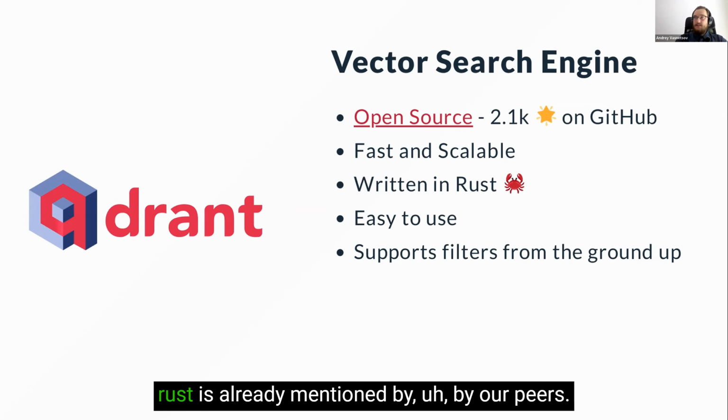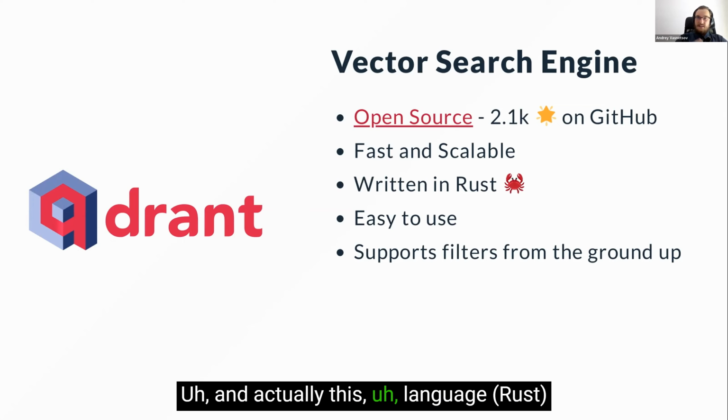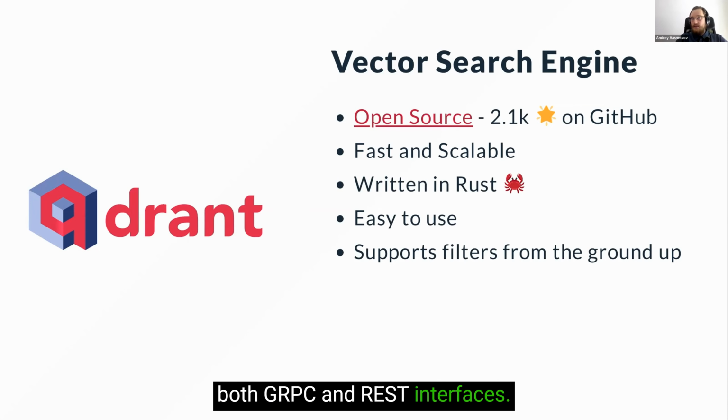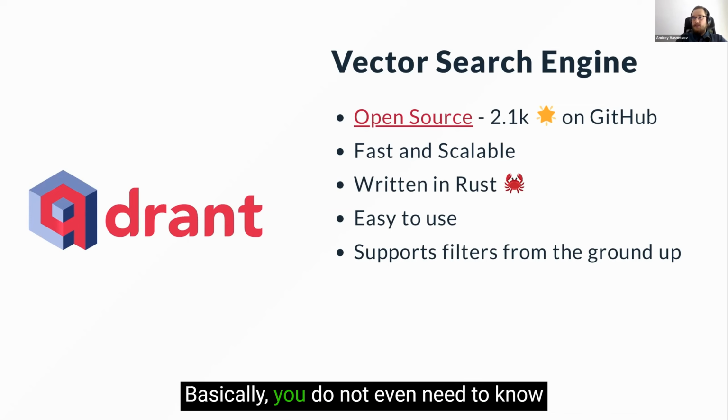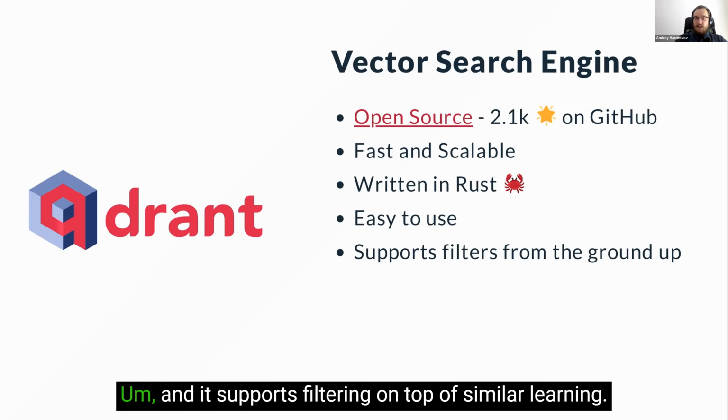It's written in Rust, as already mentioned by our viewers, and actually this language gives us the possibility to make it very fast and very scalable from day zero. It's easy to use. It supports both gRPC and REST interfaces, so you can access it even from your browser. Basically, you do not even need to know how to code to give it a try, actually.